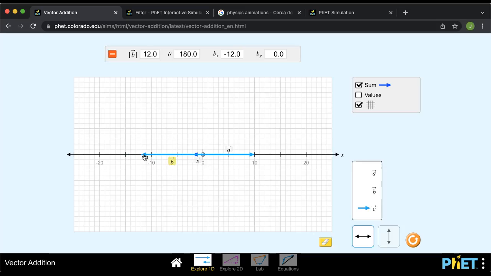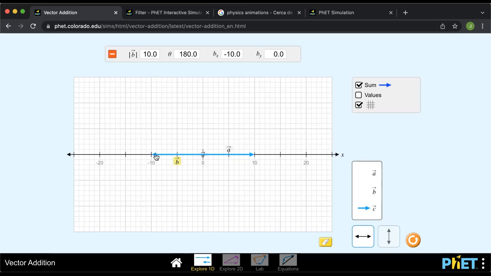So back, look at this. If I make my vector B a little smaller, and the magnitude of both is 10, the resultant will be 0.